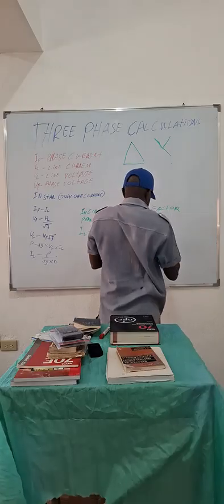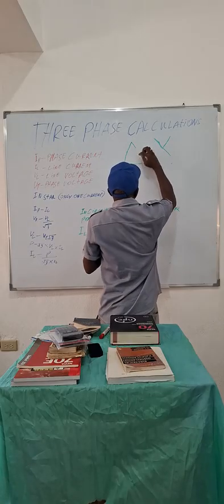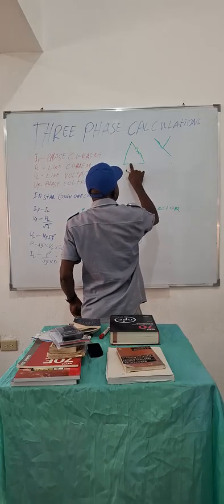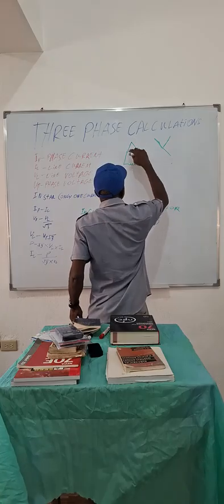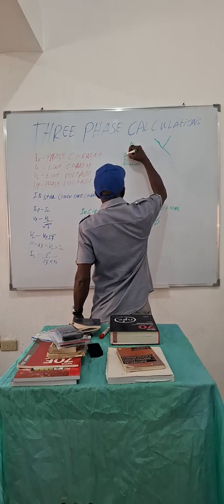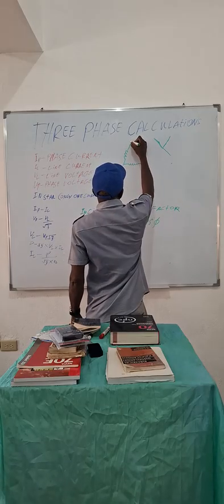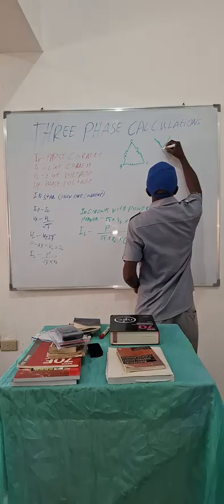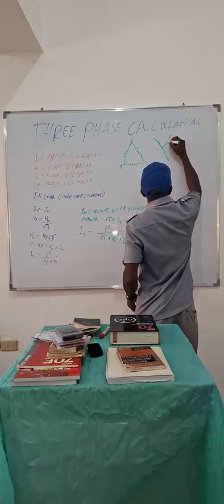Normally, I can put in some windings here. Instead of my delta, I'll put in another winding. I put in my winding again, right here, and you have A, B, C. So this now is my Y, my star.